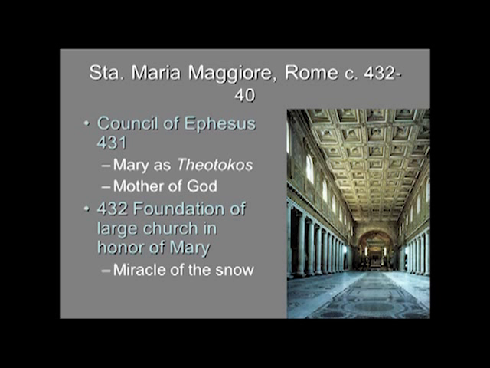This building, this church, was erected to honor Mary, the Mother of God, the Mother of Christ, right after the Council of Ephesus of 431. That's why I give you this very specific date here. In 431, at Ephesus, there was a church council.